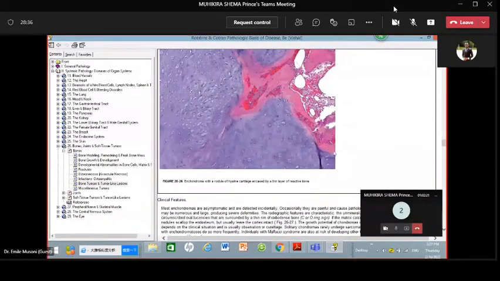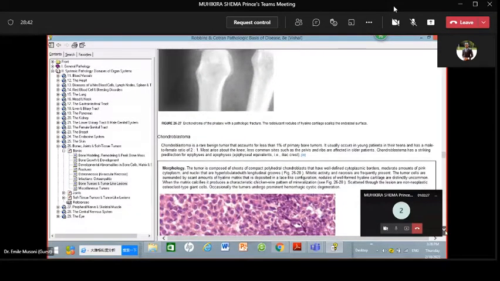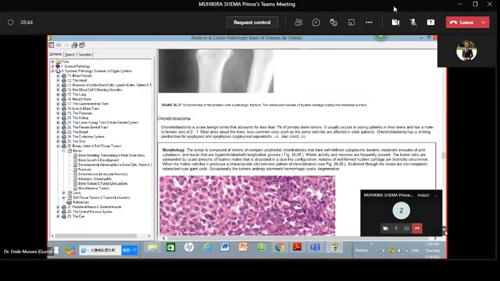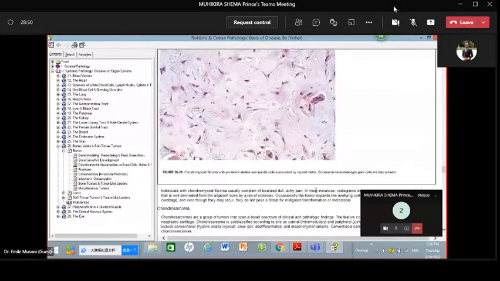This is the enchondroma. Chondroblastoma, chondromyxoid fibroma.